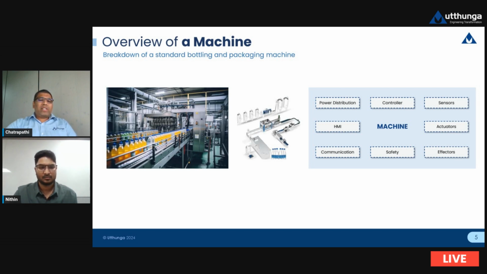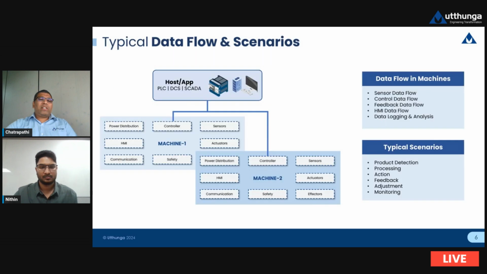So all these components talking to each other, and the controller being aware of and controlling the actuators, and responding to sensor data, all makes it work together as a machine.